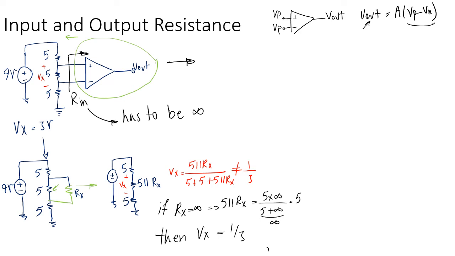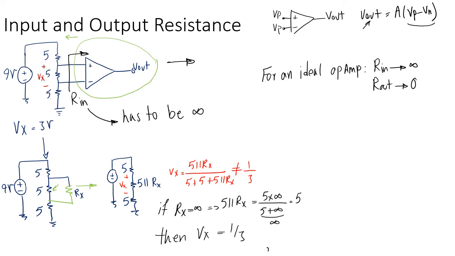So to summarize, for an ideal op-amp, Rn has to be going to infinity, and Rout has to approach 0, right?